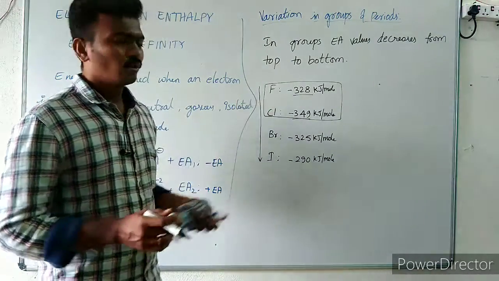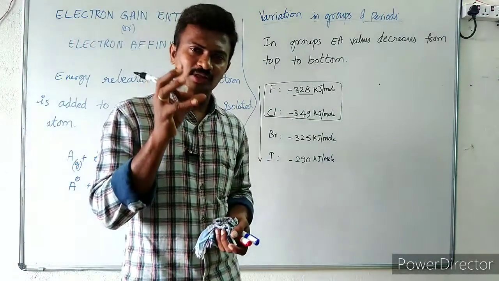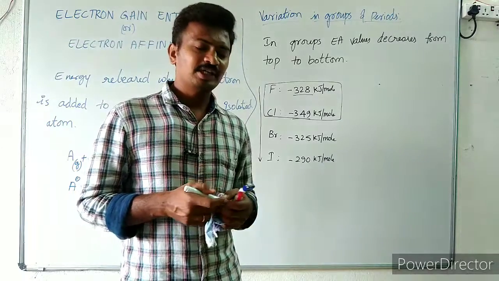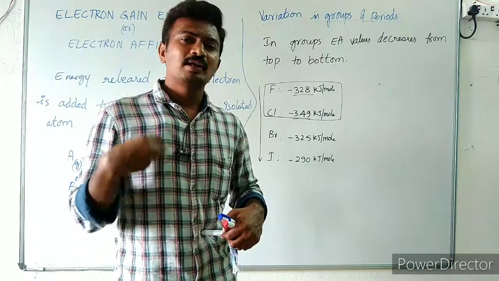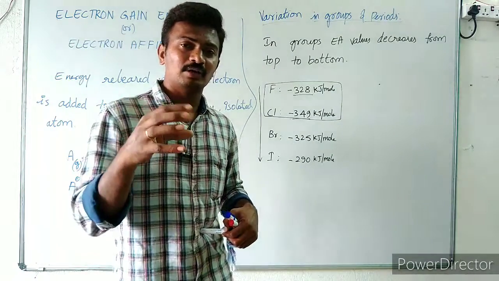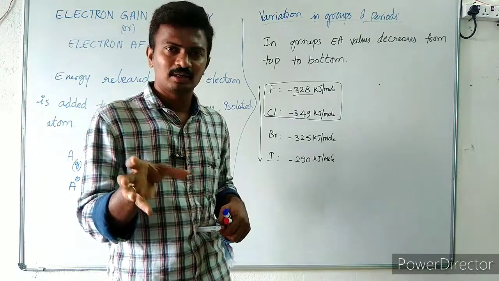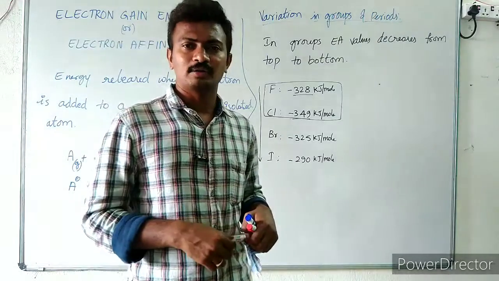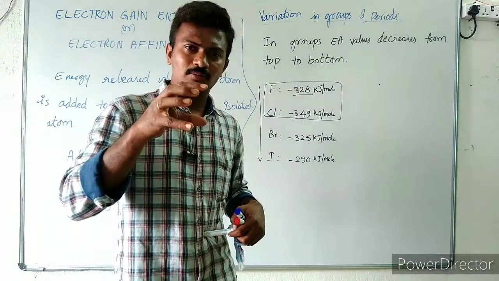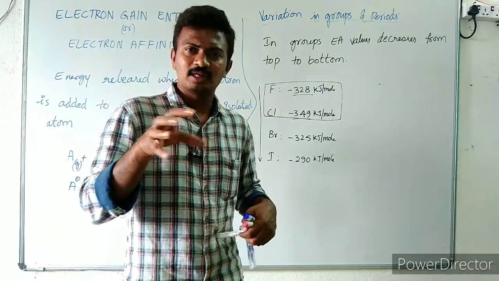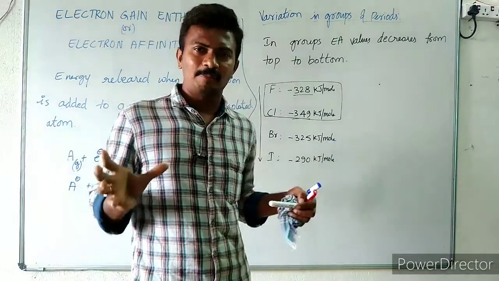This is because fluorine, due to its very small size, will not favor the addition of the next coming electron. It is already very small, with a very small space, and the electrons in it are completely packed.